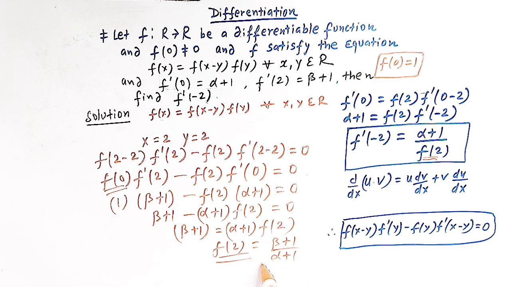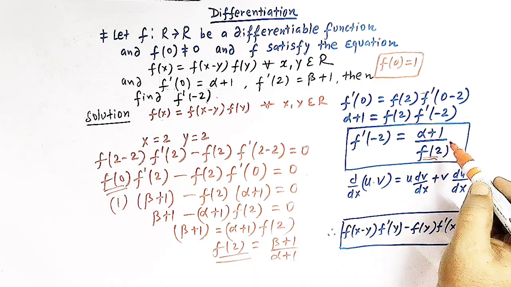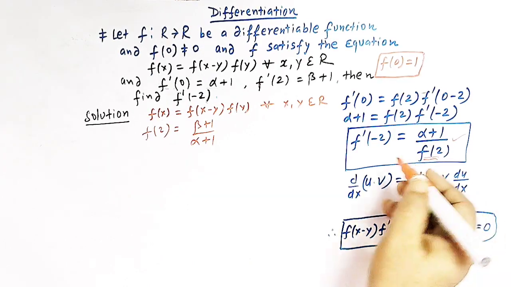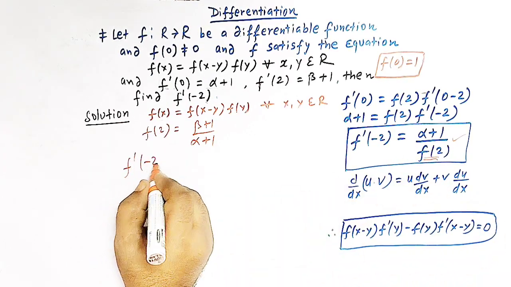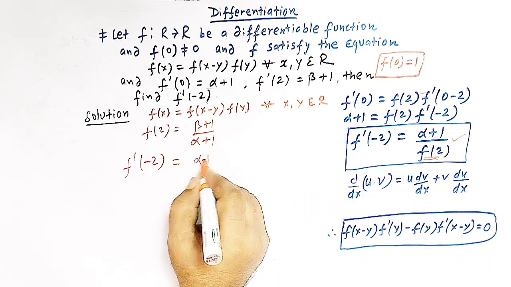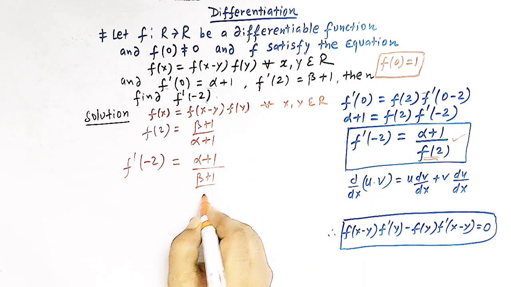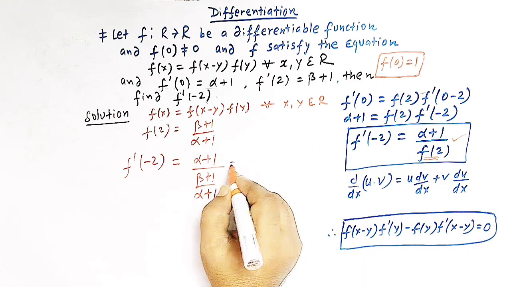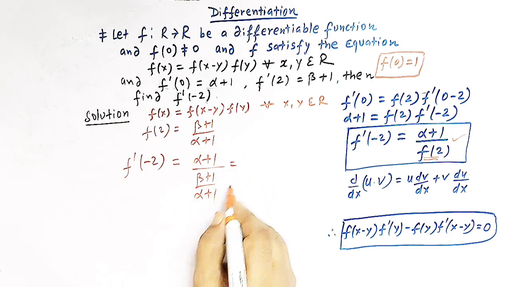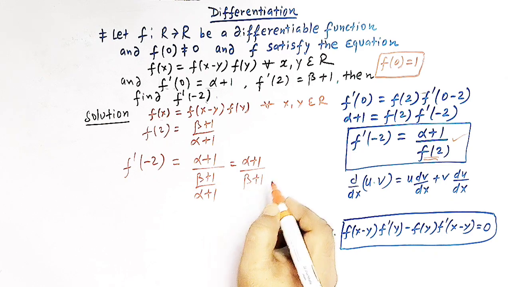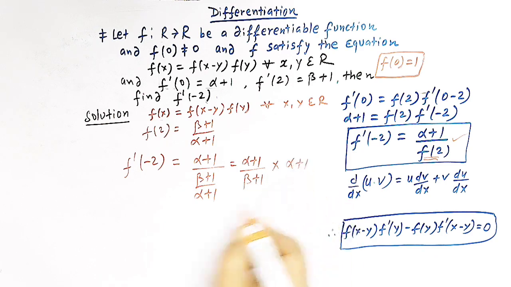So let us substitute this value of f(2) in this equation. So now f′(−2) is equal to α + 1 over f(2), and f(2) is (β + 1)/(α + 1). So we can take α + 1 to the numerator. We have (α + 1)/(β + 1) times (α + 1).